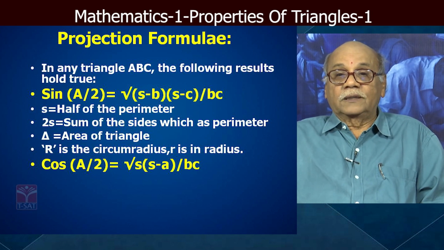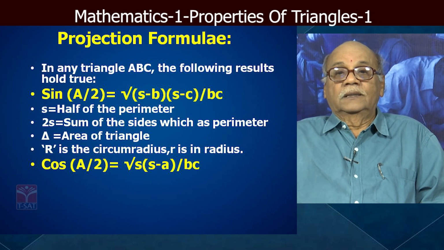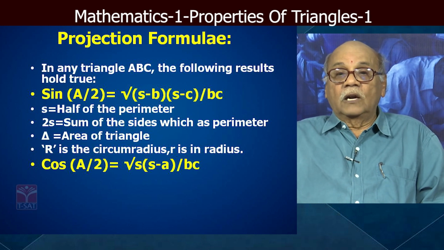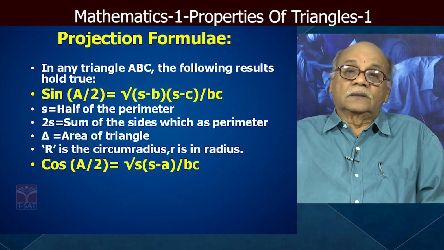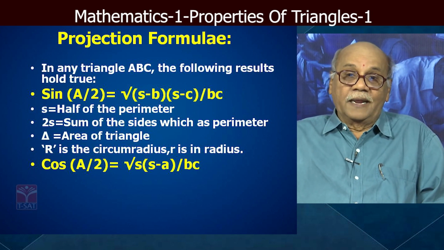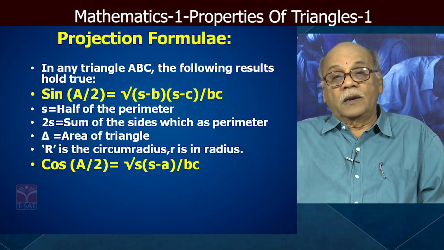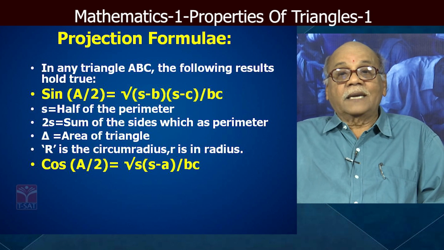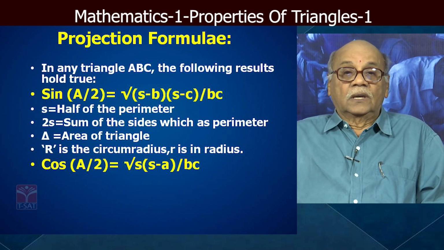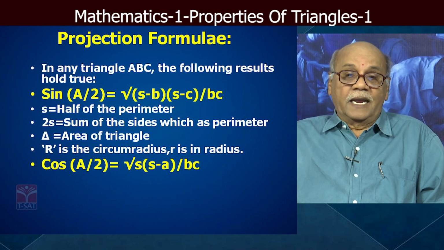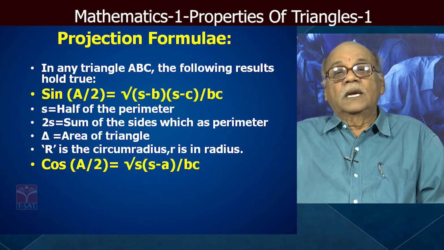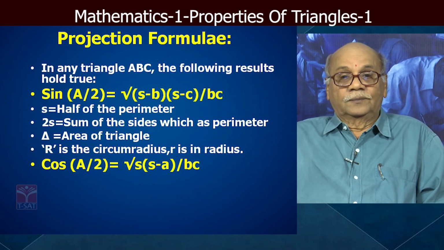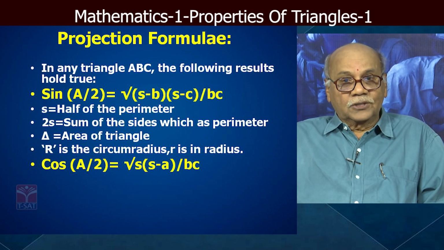In properties of triangles, the standard notation is 2s equal to the sum of the sides, which is the perimeter, and delta always represents the area of the triangle, capital R the circumradius, small r the inradius, and small r1, small r2, small r3 always represent the exradii of the triangle. Similarly sin B by 2, sin C by 2. Similarly, cos A by 2 is equal to square root of s into (s minus a) by bc, and similarly cos B by 2 and cos C by 2.